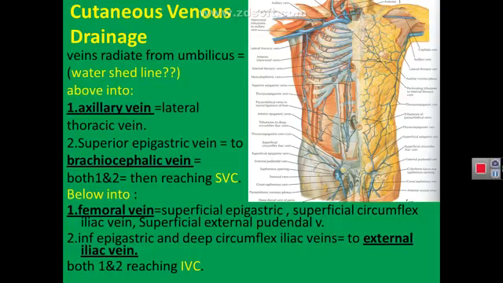Venous drainage carries an important clinical aspect. Cutaneous veins, or veins of the anterior abdominal wall, are said to represent a watershed line, because the flow of blood in the cutaneous veins is going upward in the region above the umbilicus and going downward in the region below the umbilicus.